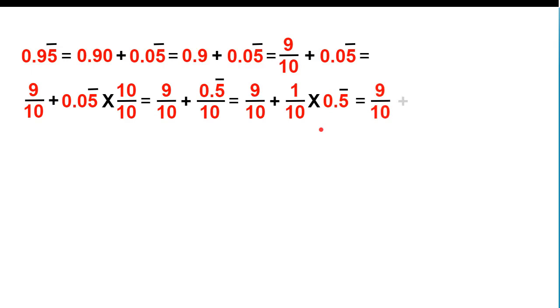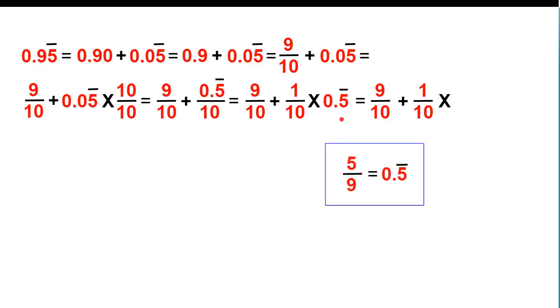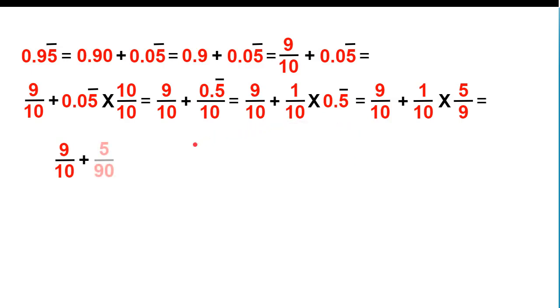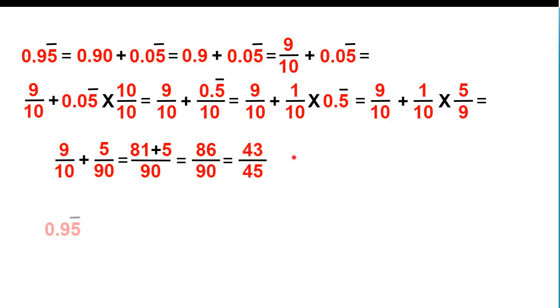And we get 9 over 10 plus 1 over 10 times, and we'll use the trick again, 0.5 recurring is actually 5 over 9. And we get eventually 86 over 90. We divide them both by 2, and we get 43 over 45. So 0.95 recurring is 43 over 45.